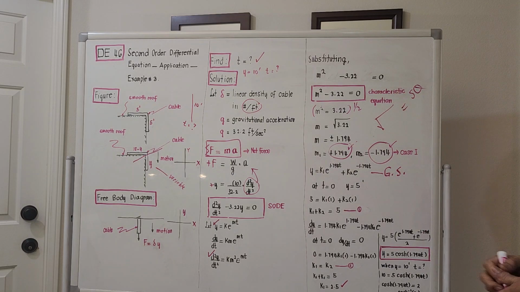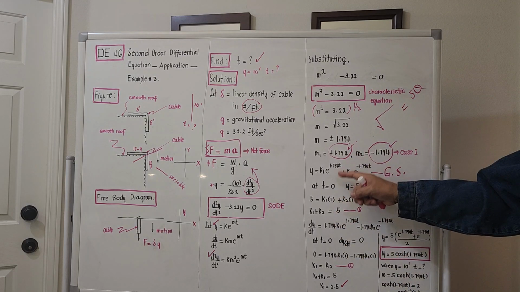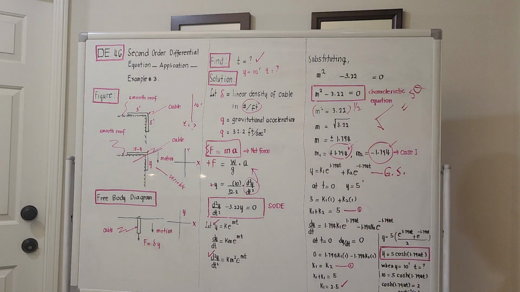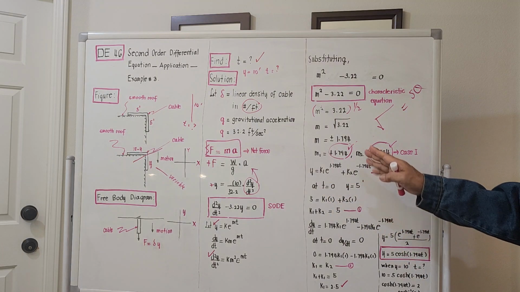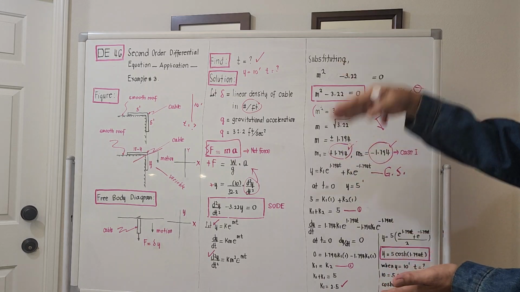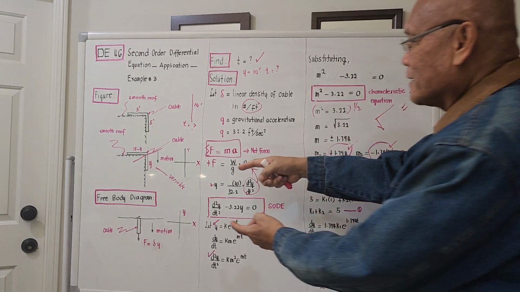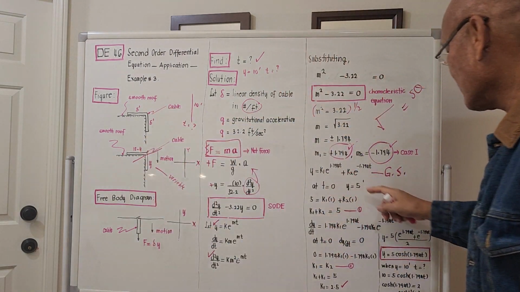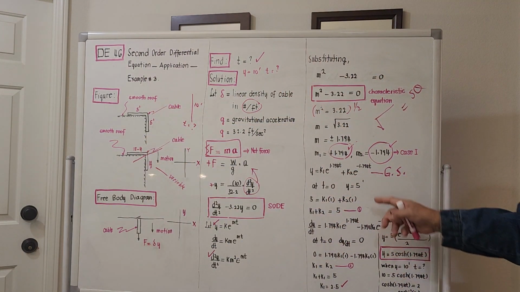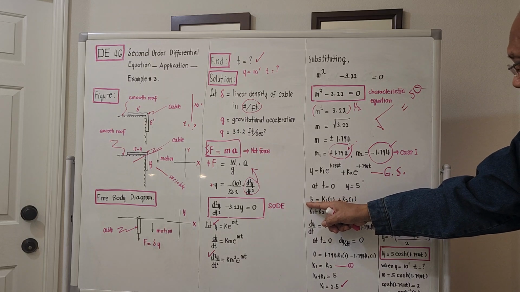This is not yet usable to compute for time, because to compute for time, we should know the value of K1 and K2. Okay, let's try to bring out the initial condition. At time t equal to 0, the length of the cable that is hanging is only 5 feet, right? It's 5 feet initially. So at time t equal to 0, y is 5 feet. Okay, so this should be 5.